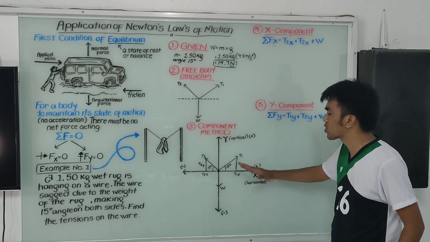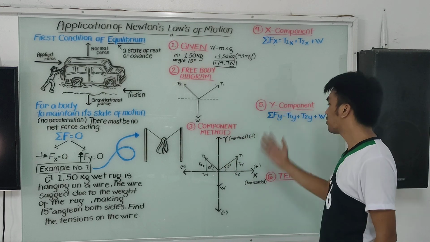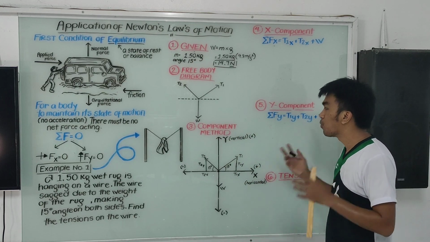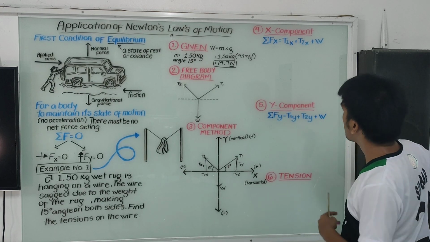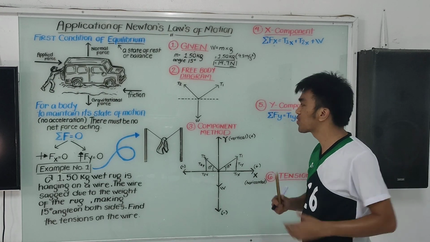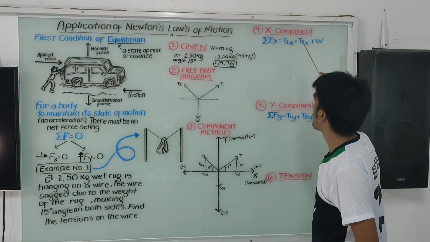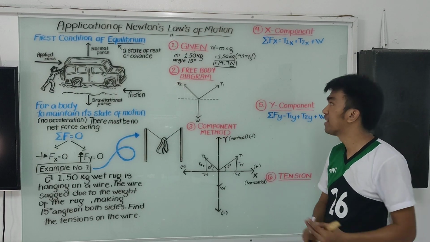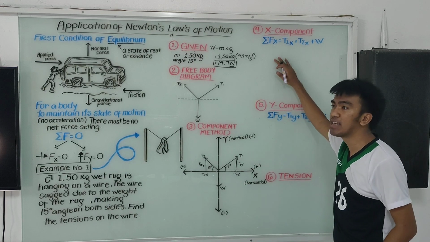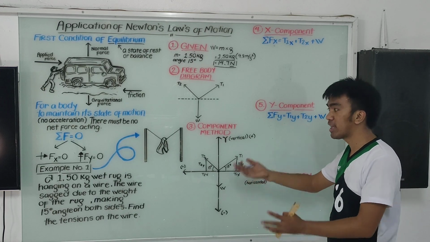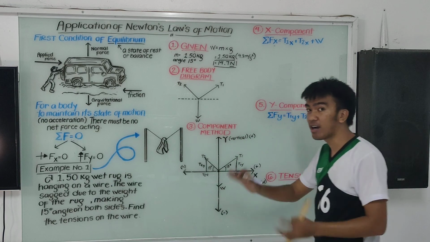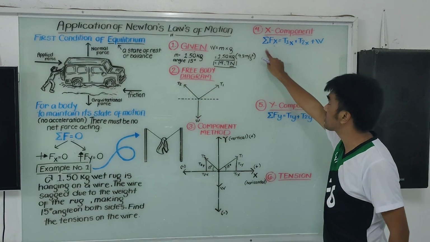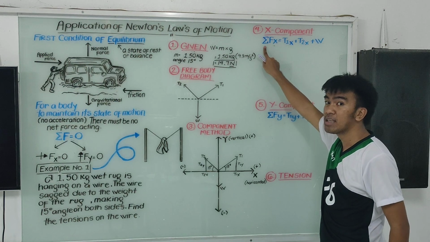That includes all the x and y components. Now, we are going to solve for the x components. Here, we need to prove that tension 1 is equal to tension 2. Both tensions are equal. So the formula is summation. This symbol is summation.